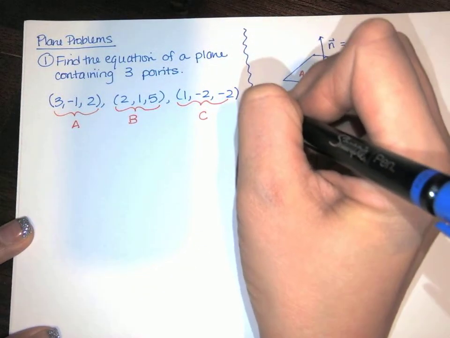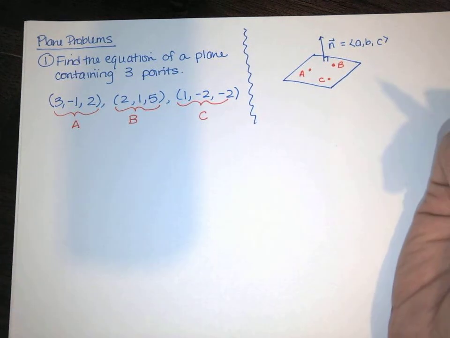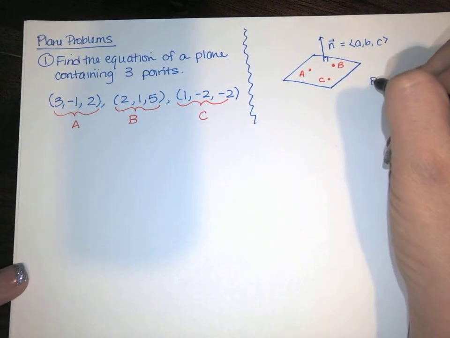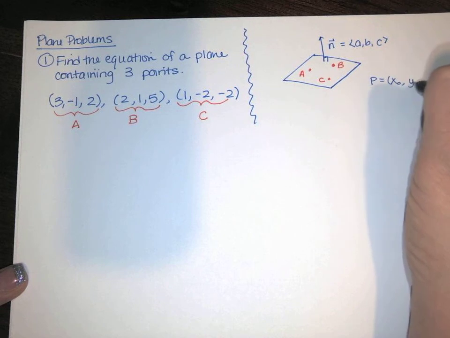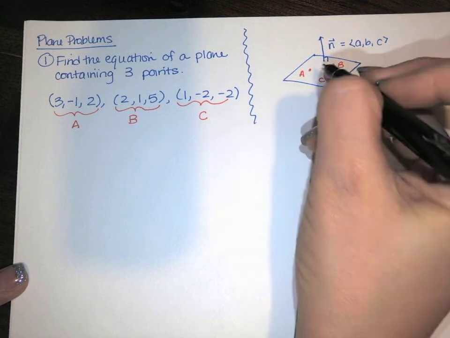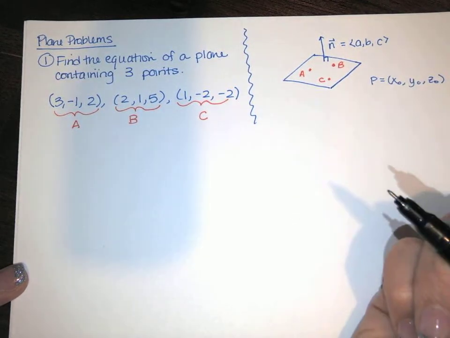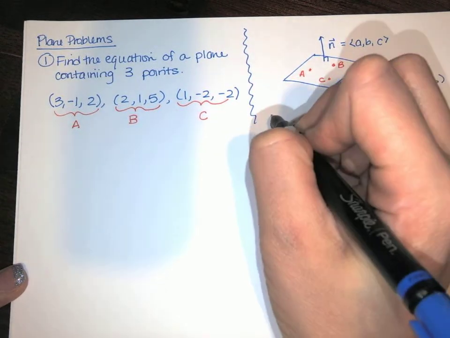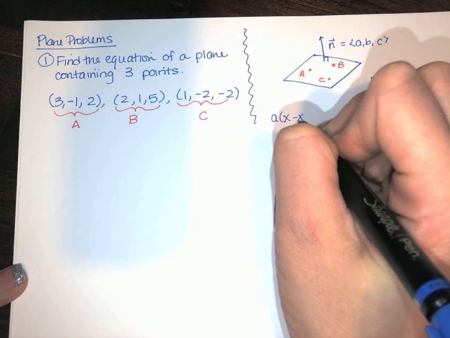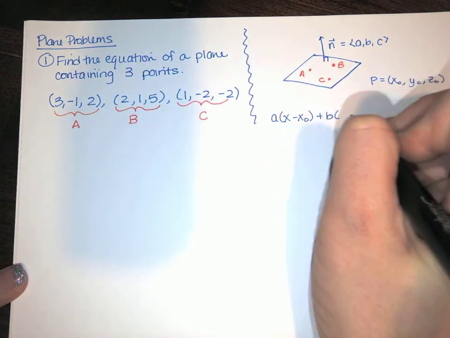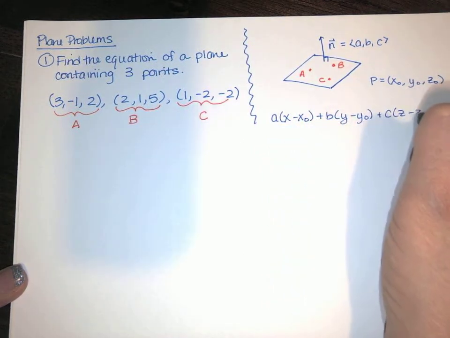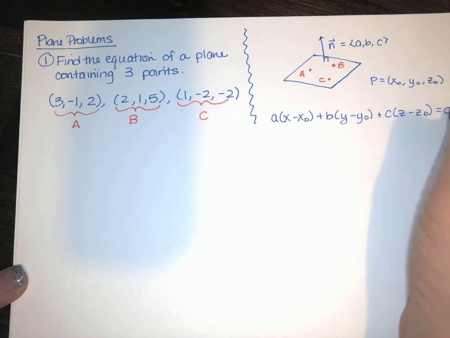Given the normal vector and some point in the plane with coordinates x naught, y naught, z naught, or P is just any old point in the plane, the equation of the plane is given by A times x minus x naught plus B times y minus y naught plus C times z minus z naught, and that equals 0.